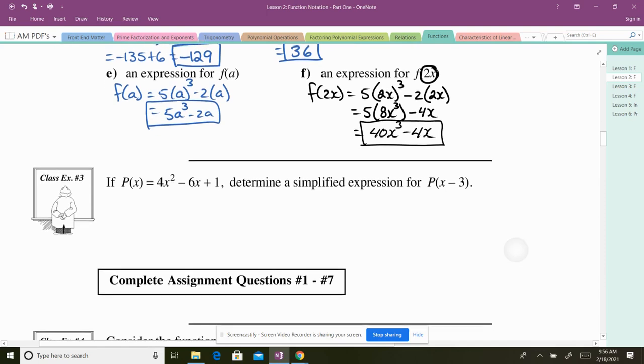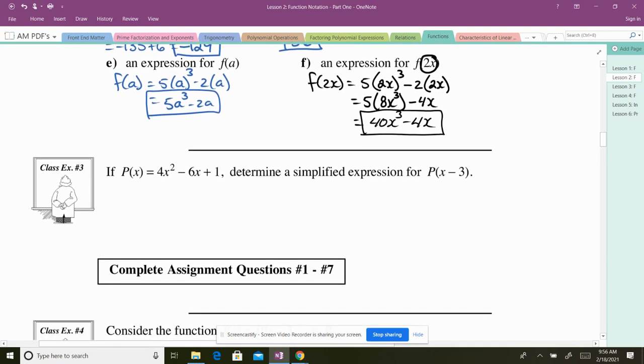Okay. Last one. Well, last one for now. All right, here we go. Here's our function. We're calling it P of x now. 4x squared minus 6x plus 1. This will be a test question. Okay? And it's basically just polynomial expansion is what we're going to do right now. We want a simplified expression for P of x minus 3.